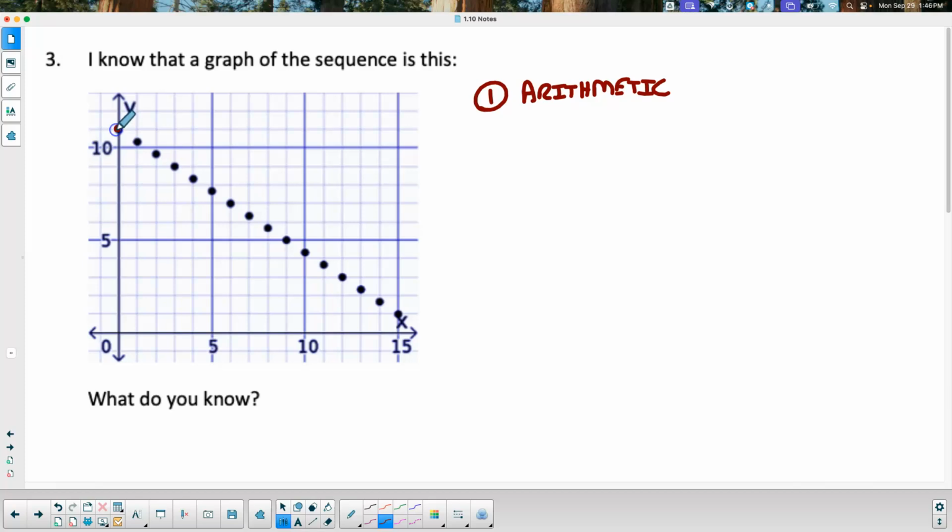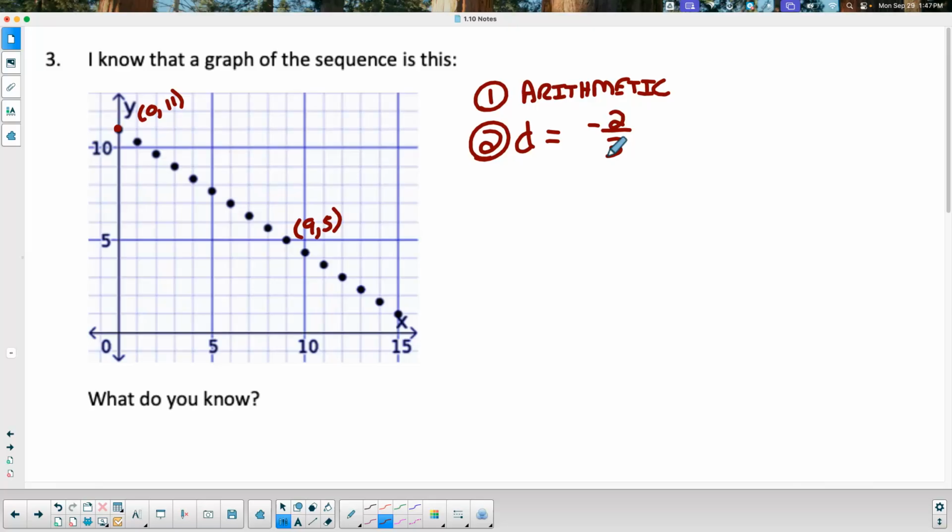So this is the point 0, 11. This is the point 9, 5. So my common difference would be negative 2/3, because I went down 6 while I went 9 spaces over.